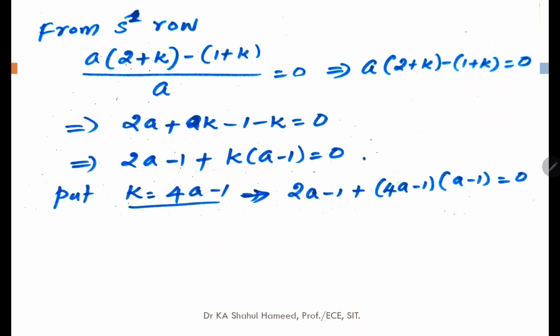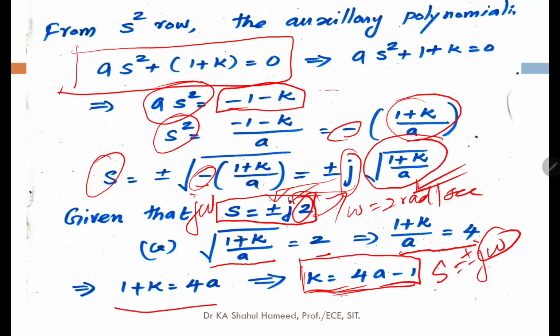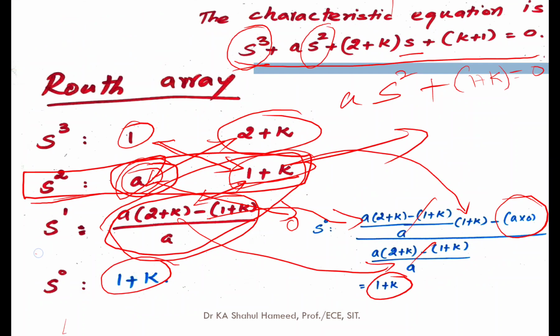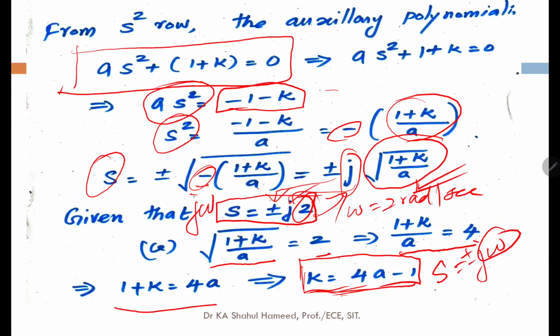Now I am going to take the s power 1 row, that is this row. Here I have only one term, that is s power 1 into this term is equal to 0.